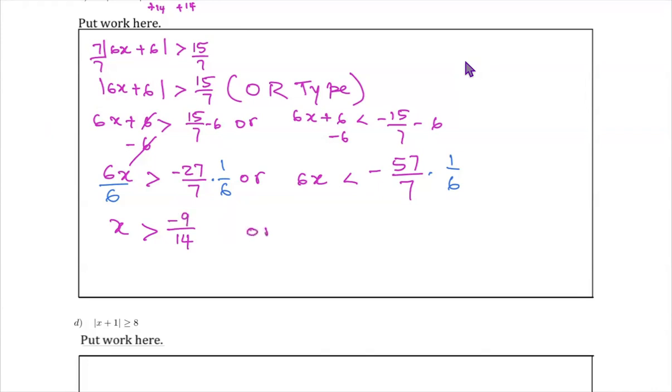Or if we divide by 6 here, we get x is less than, simplified by 3, 57 divided by 3 is 19, so negative 19/14.